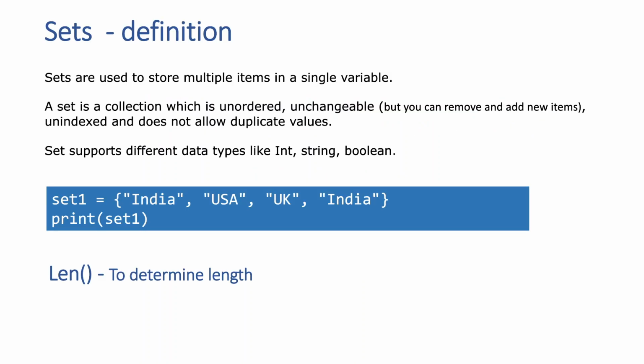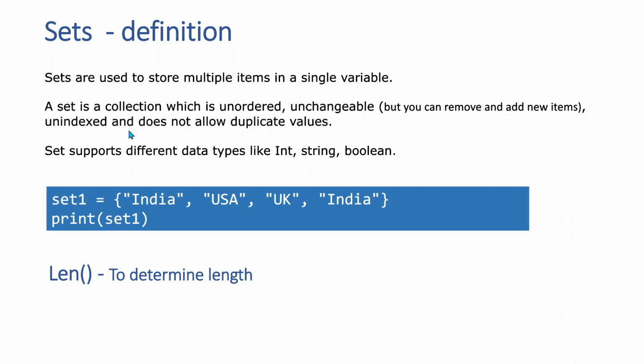Jumping on to the definition, sets are used to store multiple items in a single variable. We already discussed Python tuples and lists, where we use the data type to store collections of data. Similarly, sets are also used to store multiple items in a single variable.